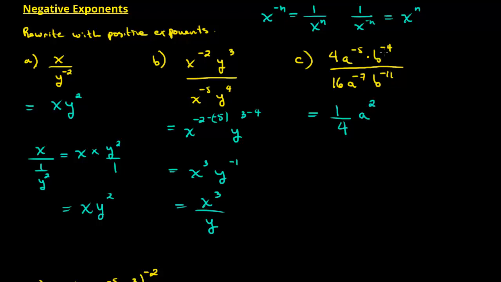Then I have b to the power of negative 4 minus 11, which is b to the power of 7, because when I subtract negative 11, that's the same thing as adding 11 to negative 4. Now, this is actually simplified enough, and it's rewritten using positive exponents. But another way to write this is that this is equal to a squared b to the power of 7 over 4. Either form is correct.